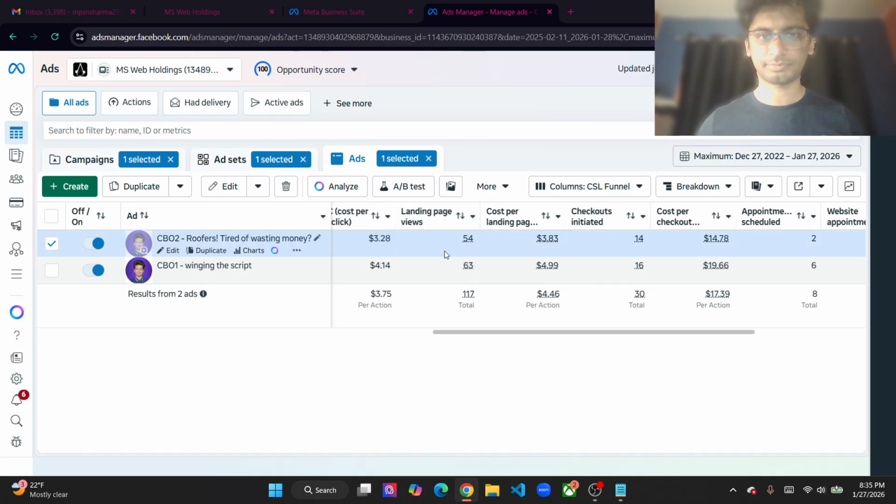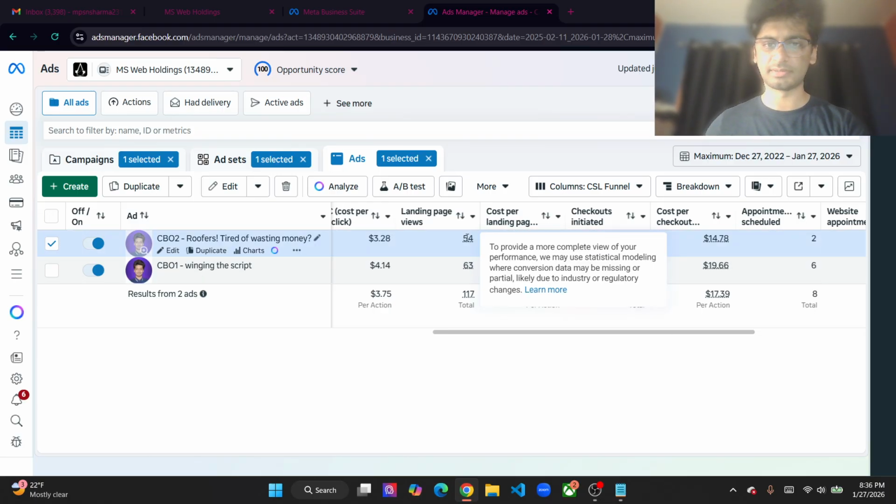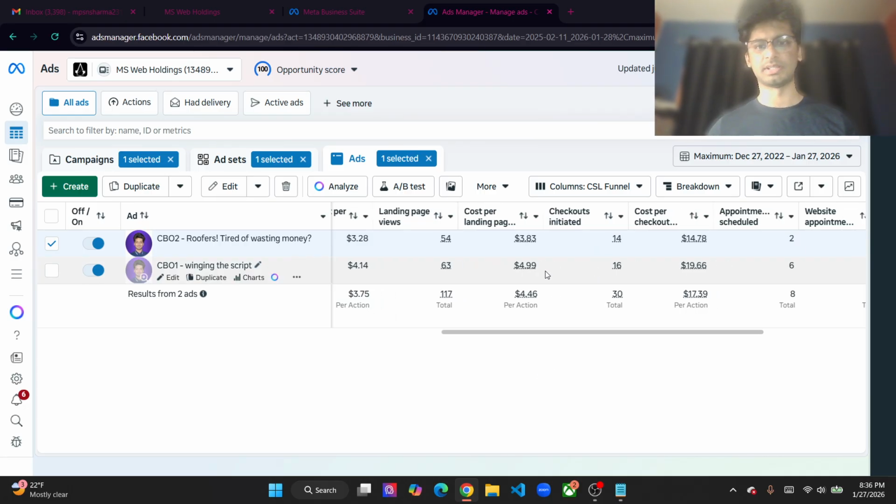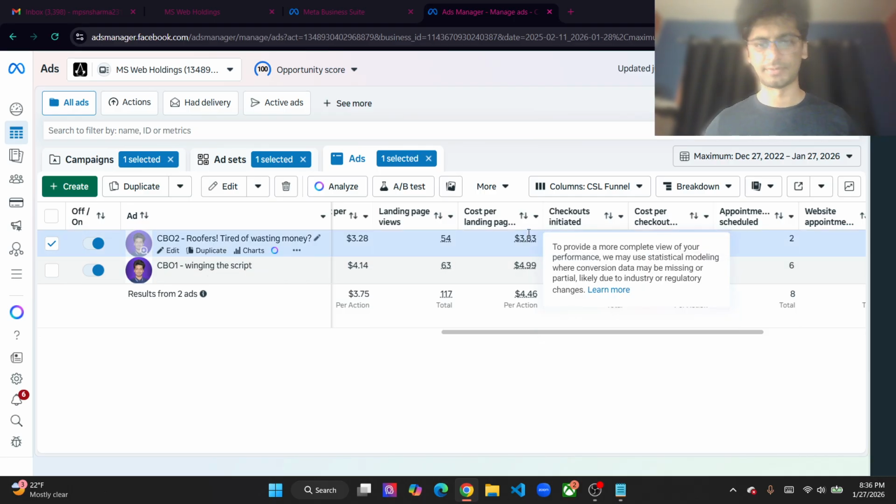Excuse me. So for the landing page views, 63 on the first ad, 54 on the second one. And the cost per landing page view is $5 for the first one and $3.83 on the second one. I took a picture of this, but let me see if I can.